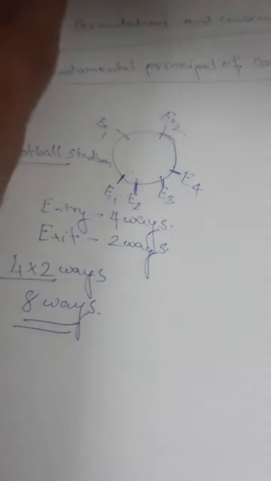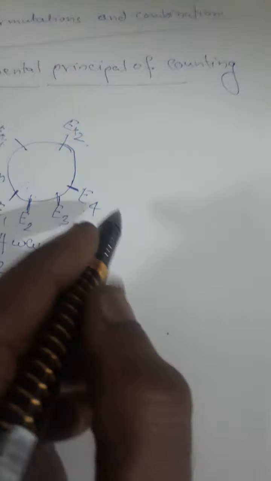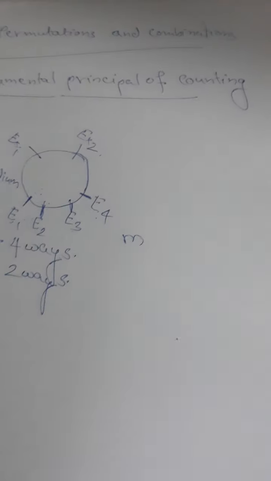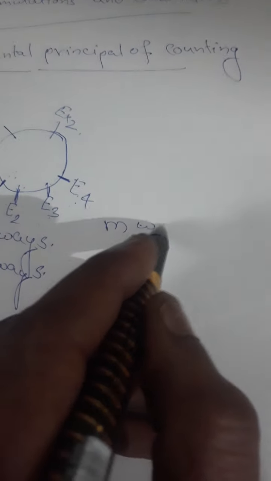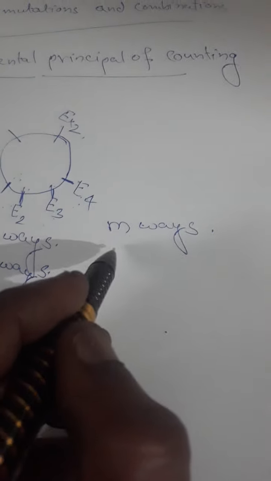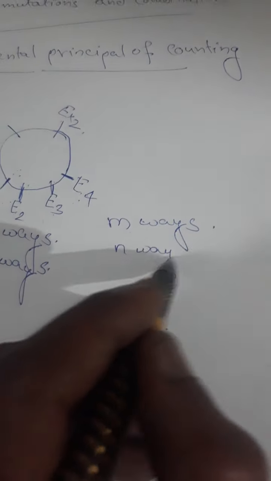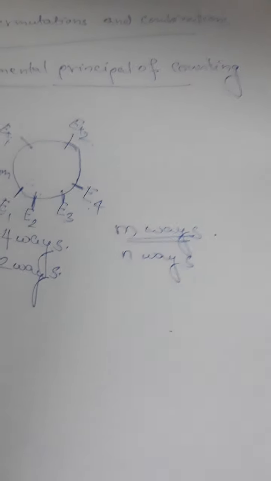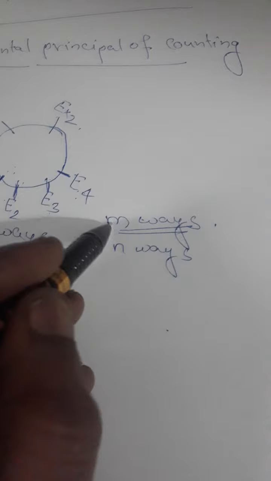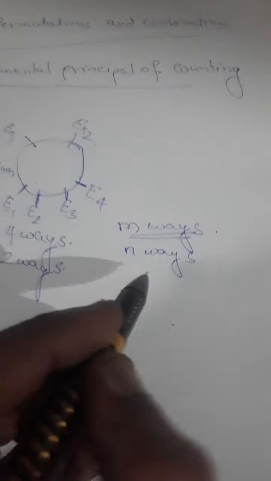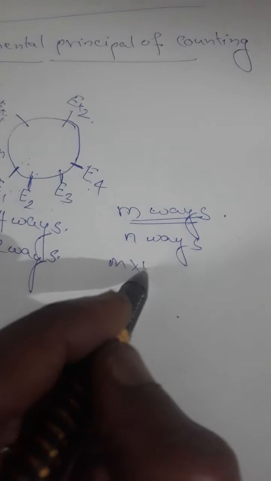If an event occurs in m ways, and after this event another event occurs in n ways, then together these two events can occur in m into n ways.